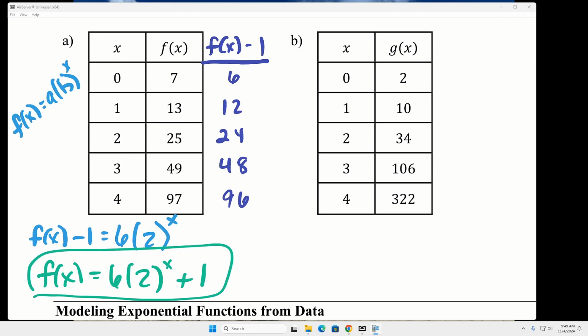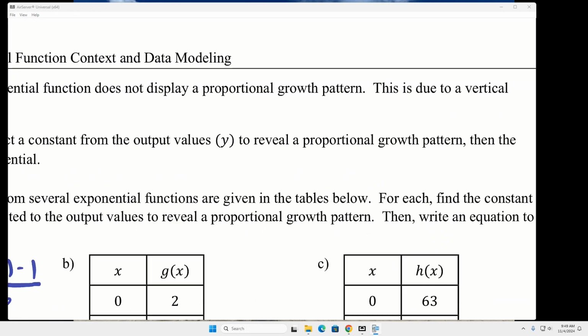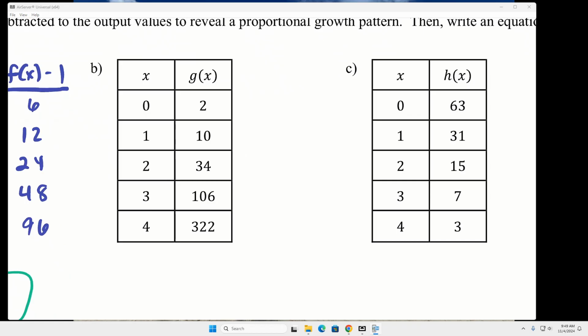All right. So let's look at the next one. What I want you guys to do is take those outputs, and I want you to either add or subtract something relatively small until you can see that there is a proportional pattern.